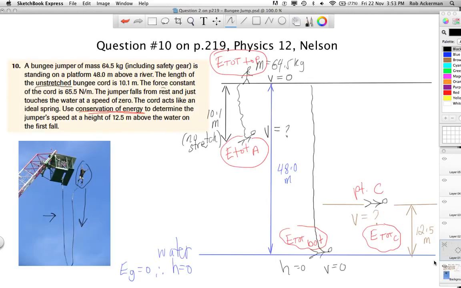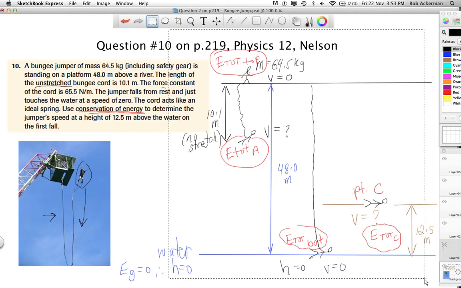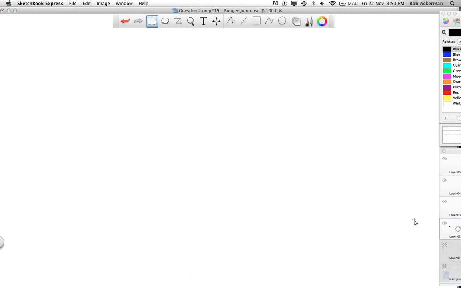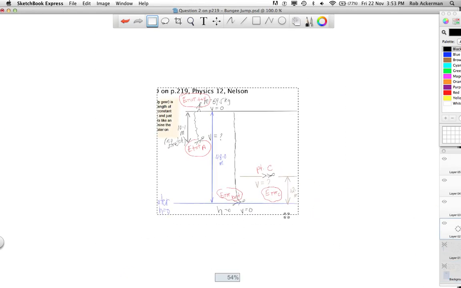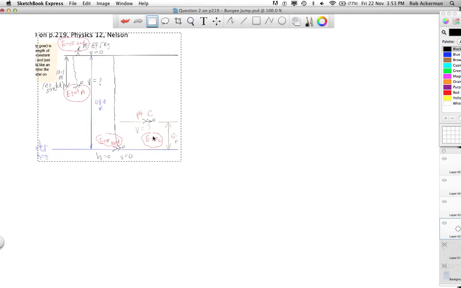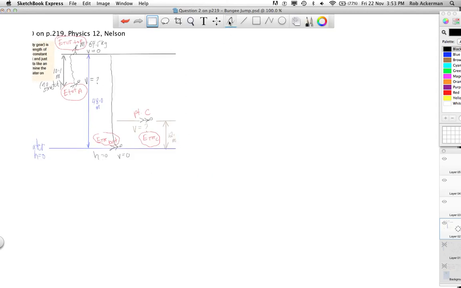Let's go back one more time. I'm just going to do a cut and paste job here. Okay, copy, and we're going to paste that in here, going to make it a little smaller. Okay, here's what you can do. Here's the answer. Here's the punchline. At the very beginning, what did we know for sure?